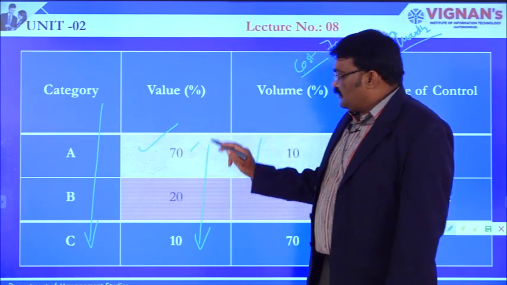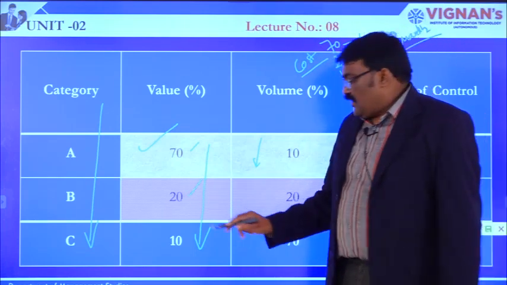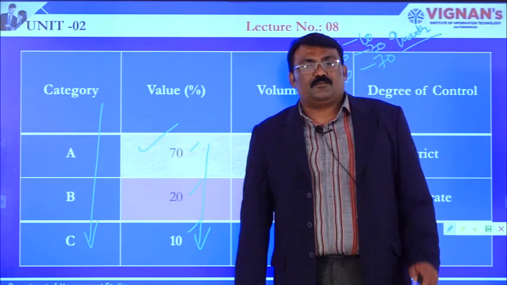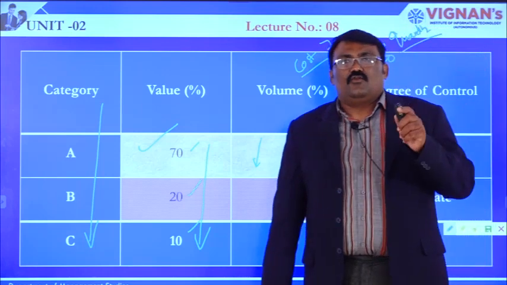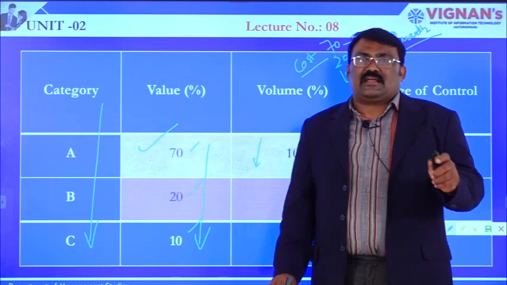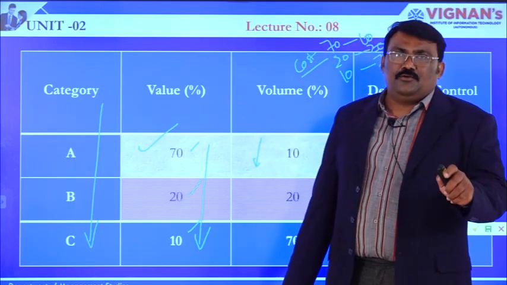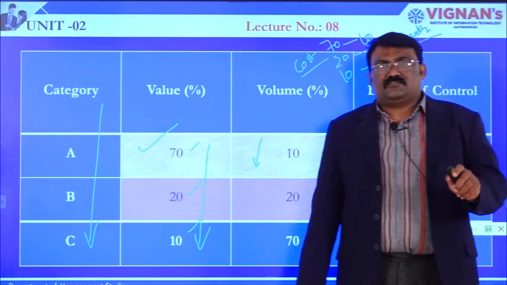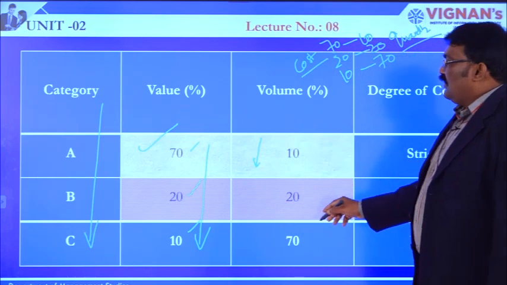Highest value is the first priority, the next value is the second priority, the next value is the last priority as such. Any raw material, according to the ABC analysis, we classify into three categories, that is A, B and C. A with the highest value, B with the moderate value, and C with the least value as such. Once we have done it, how will the volume be?